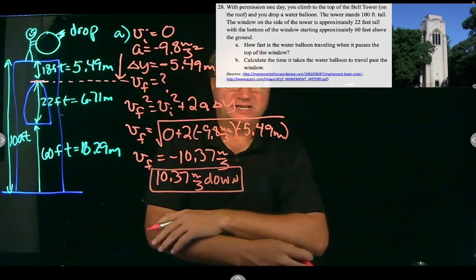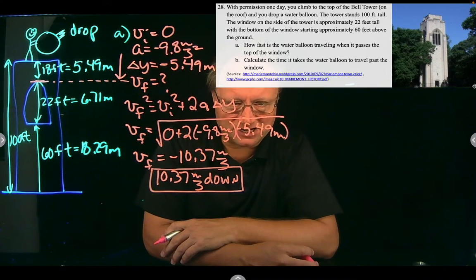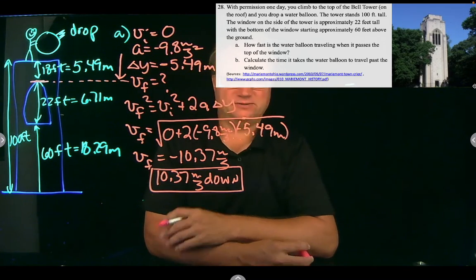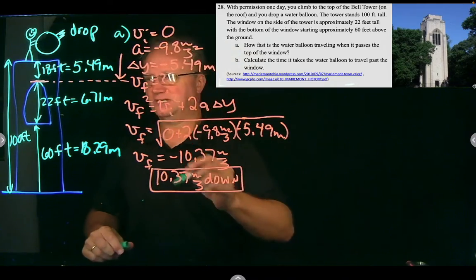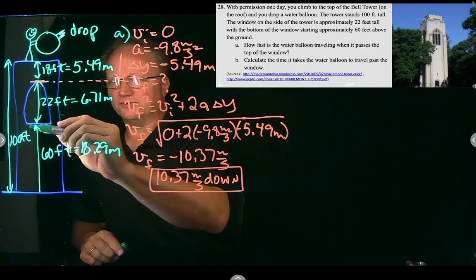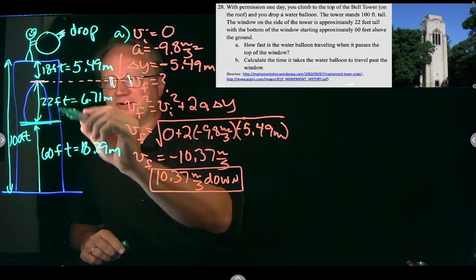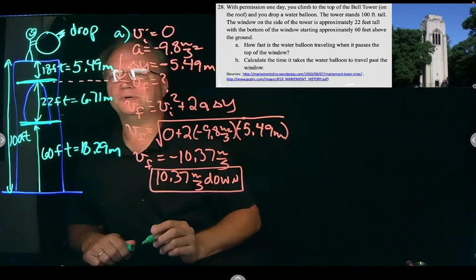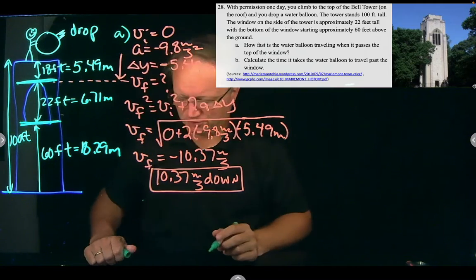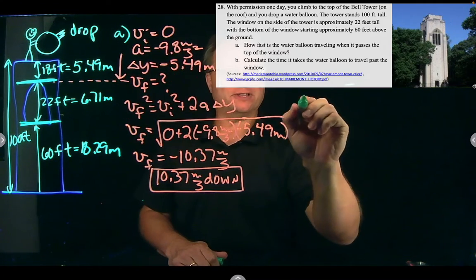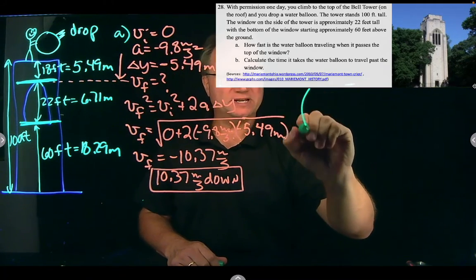Part B. In Part B, we want to calculate the time that it takes the water balloon to travel past the window. So then different interval here. Our interval is going to be from the top of the window to the bottom of the window.